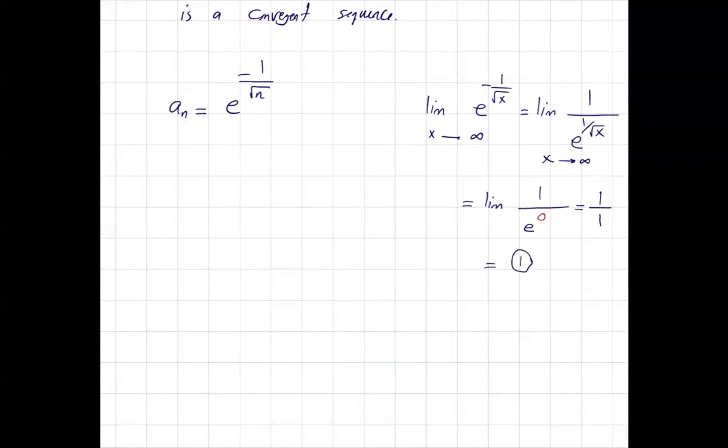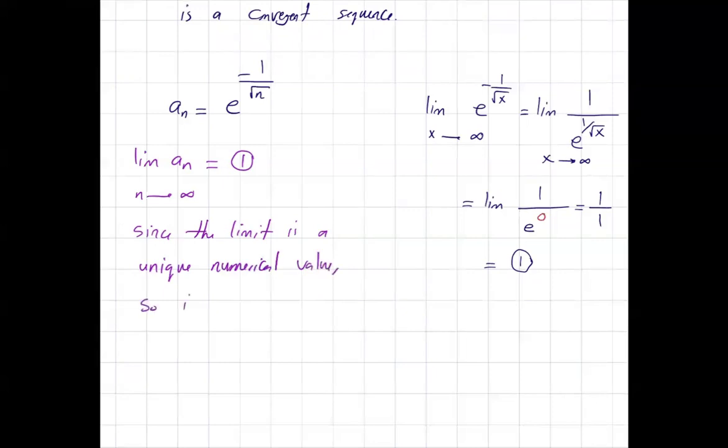Since the limit of this function is equal to 1, it means that the limit of a_n as n goes to infinity is equal to 1. And since the limit is a unique numerical value, it is convergent.